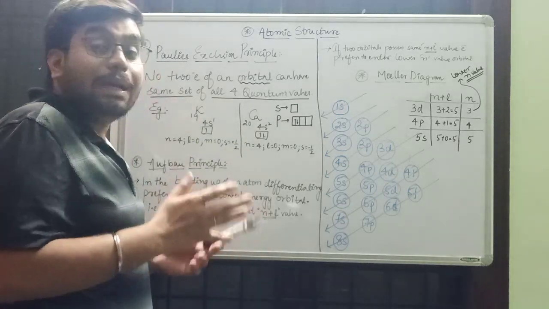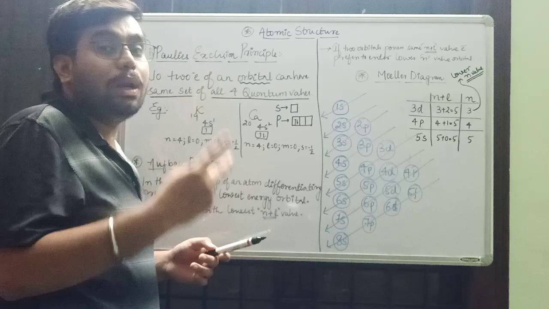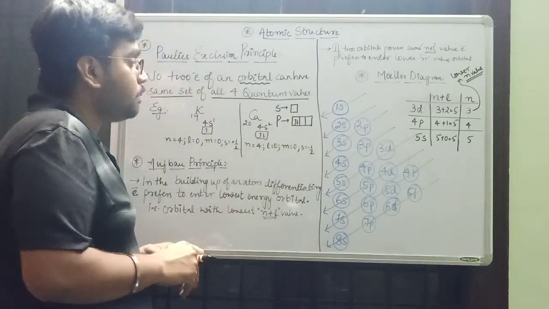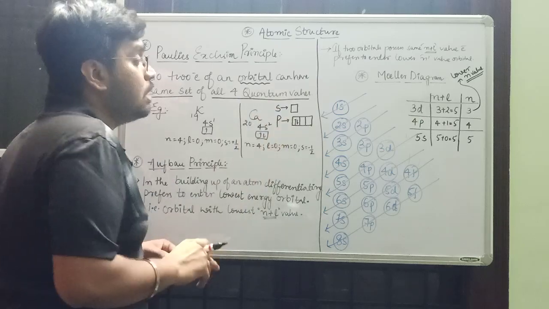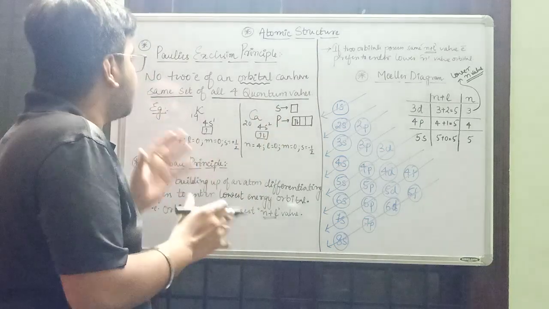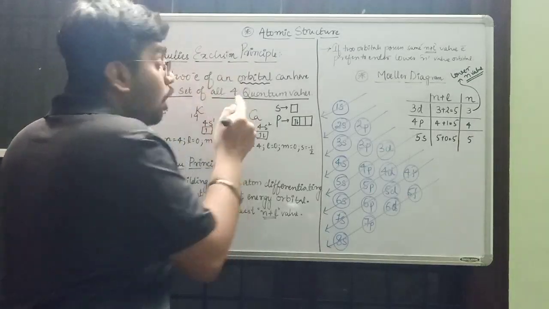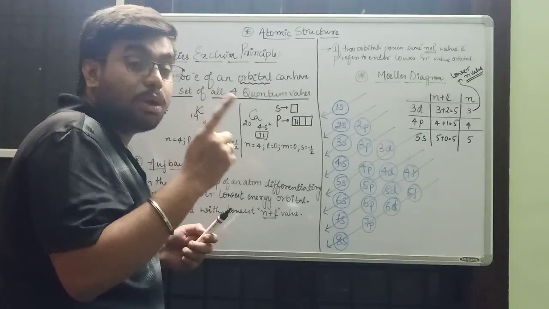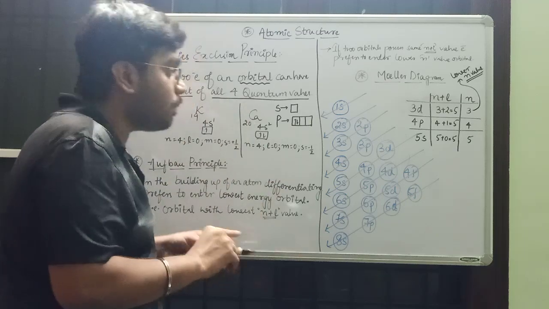That is, every compartment which can hold 2 electrons is called an orbital. These are orbitals. Then what is Pauli saying?